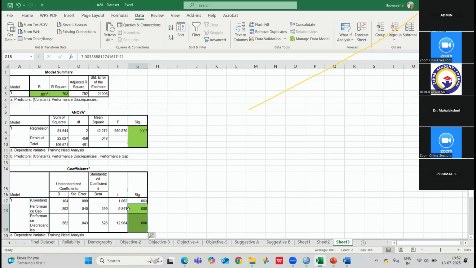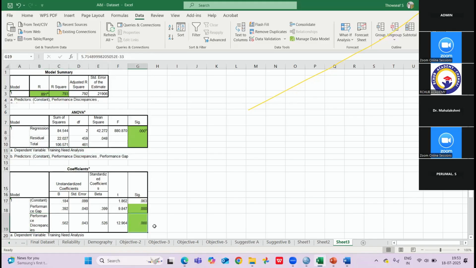Here also the coefficient significance value should be less than 0.05. Only then can we say that this particular factor influences this dependent factor. And if the second factor's coefficient significance value is also less than 0.05, we can say that yes, performance discrepancy also impacts the training need analysis.